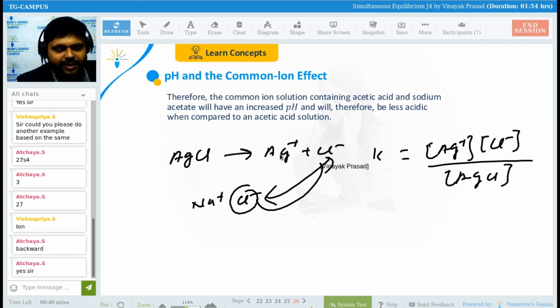They are having a common ion. The common ion has increased here. So what will happen again? The Q value will be increased. If the Q value is increased, then the reaction will shift towards the backward side. Is it okay? Any doubt? Any problem till here? No? Okay.